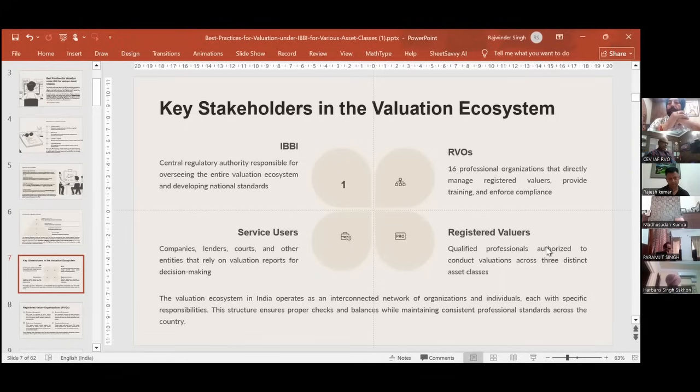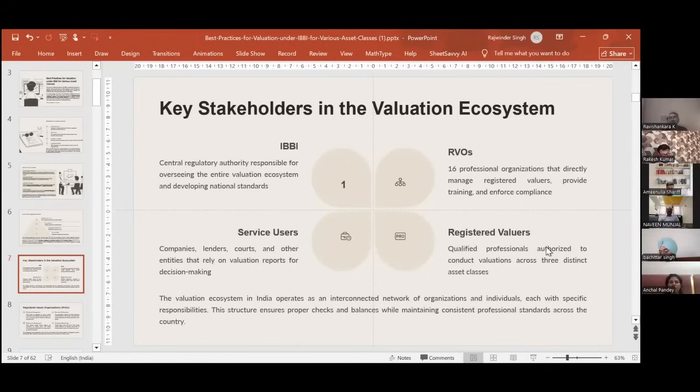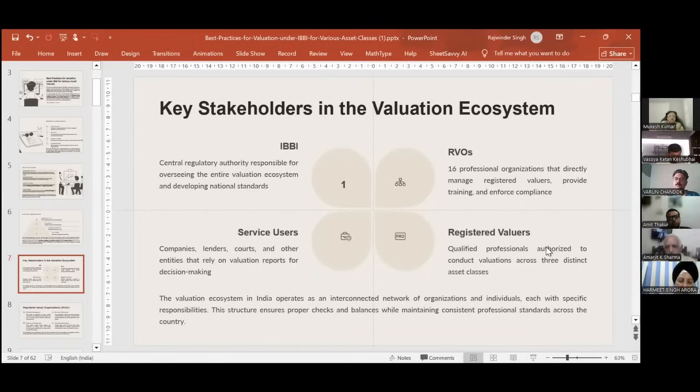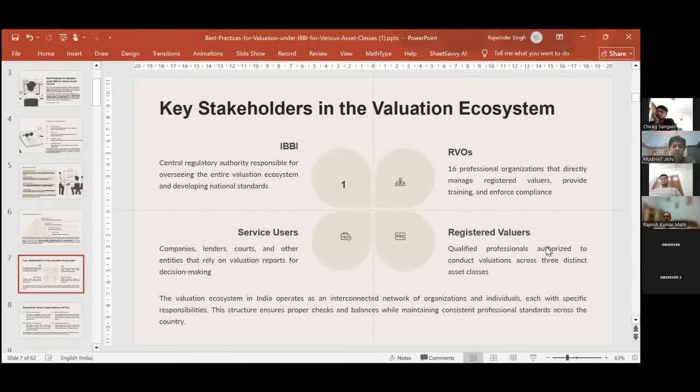And then comes RVOs. At present, there are 16 professional organizations that directly manage registered valuers, provide training to them, and enforce compliances as far as IBBI is concerned. And then come registered valuers.